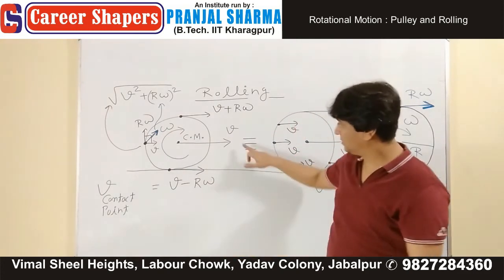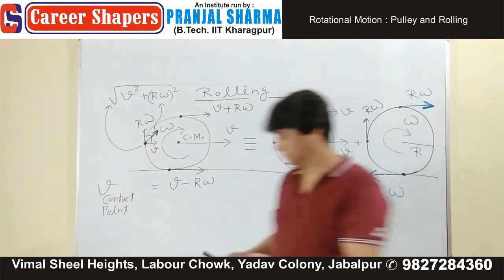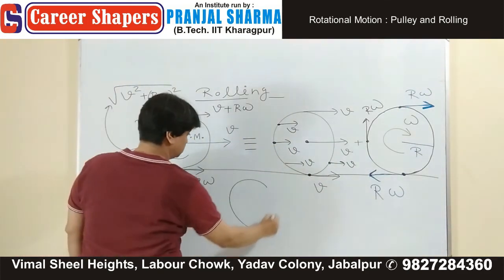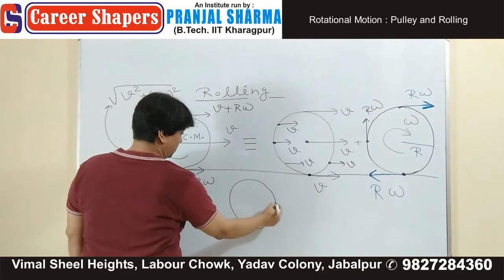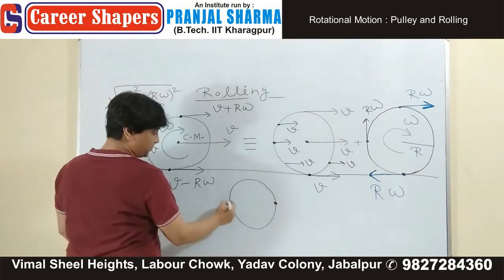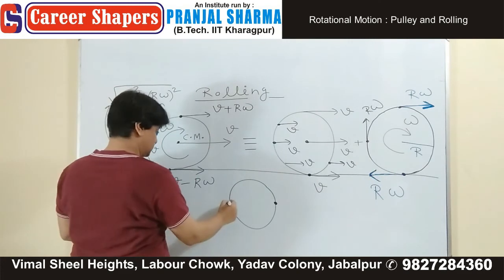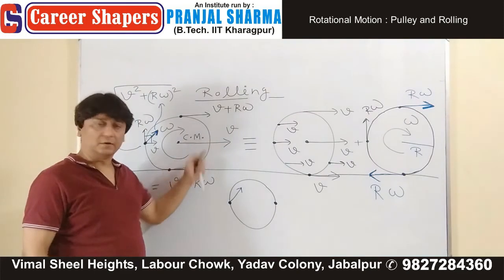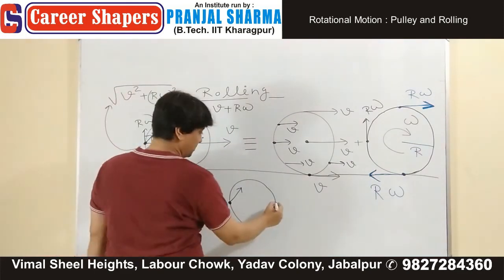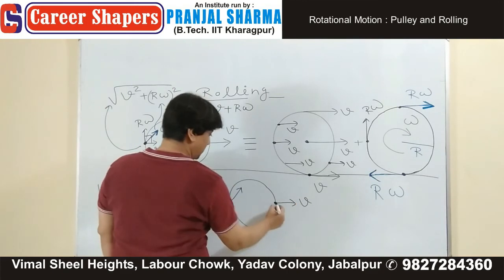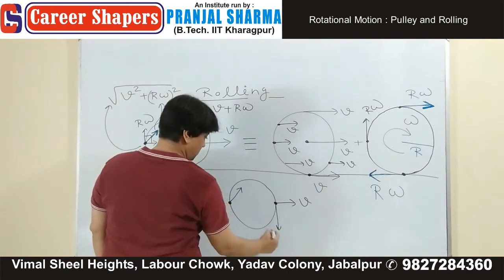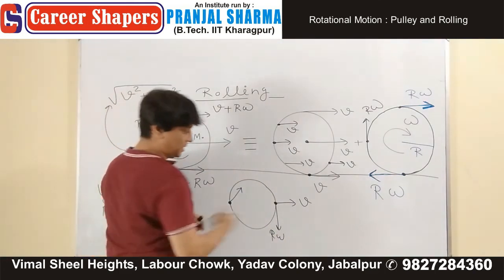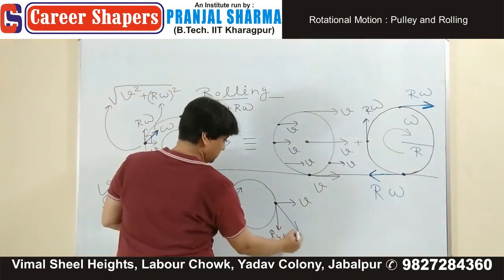Now I hope everybody can answer. In rolling, what will be the velocity of this point? We have found the velocity of this point is in this direction. If I take a point over here, then again the same thing. This is moving in this direction with V, coming down with R omega because of circular motion, and the resultant will be in this direction.